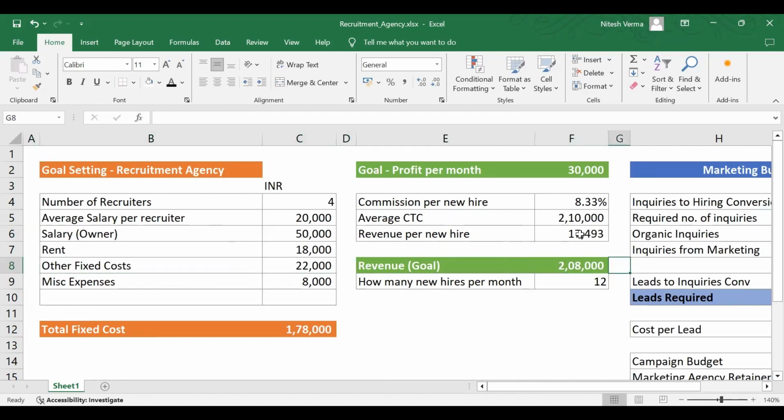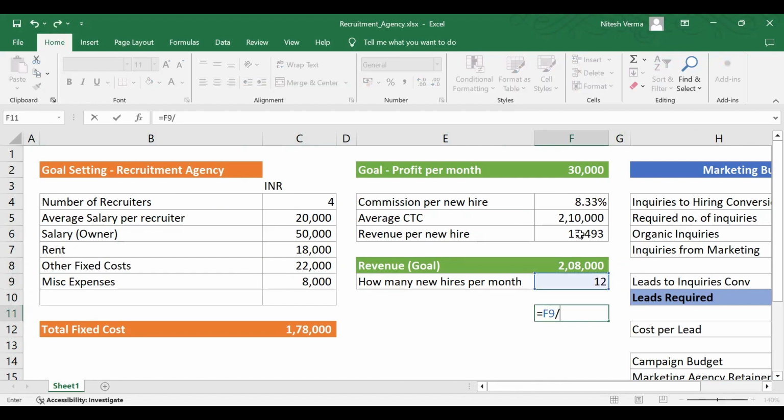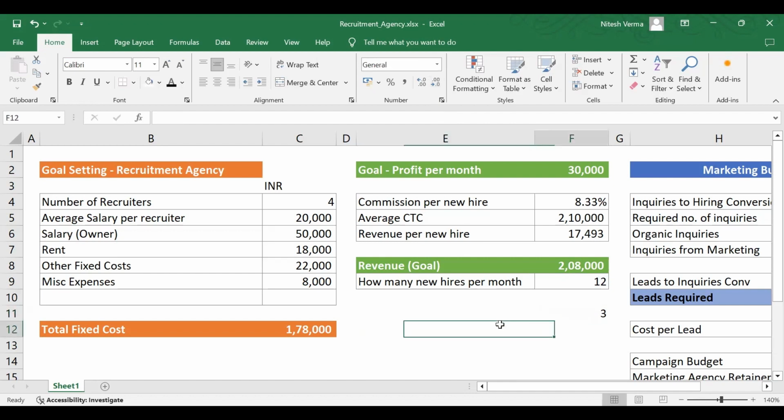That's the first goal for the recruitment agency, and they could further break it down weekly. With 4 weeks in a month, they need 3 new placements every week. But per month, they need 12 new candidates hired.